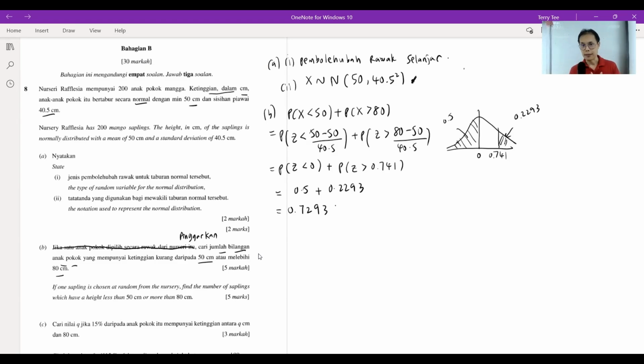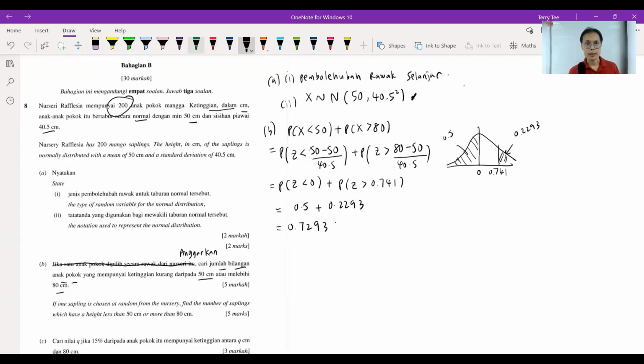or more than 80, right? But here we are estimating in the nursery. The whole nursery has 200 anak pokok. All right. So we want to find the bilangan anak pokok with height less than 50 or more than 80. So we can say that this event, the event of getting anak pokok that is, let me just highlight here, less than this or more than that, we can call this event as event A. Let me explain the concept.